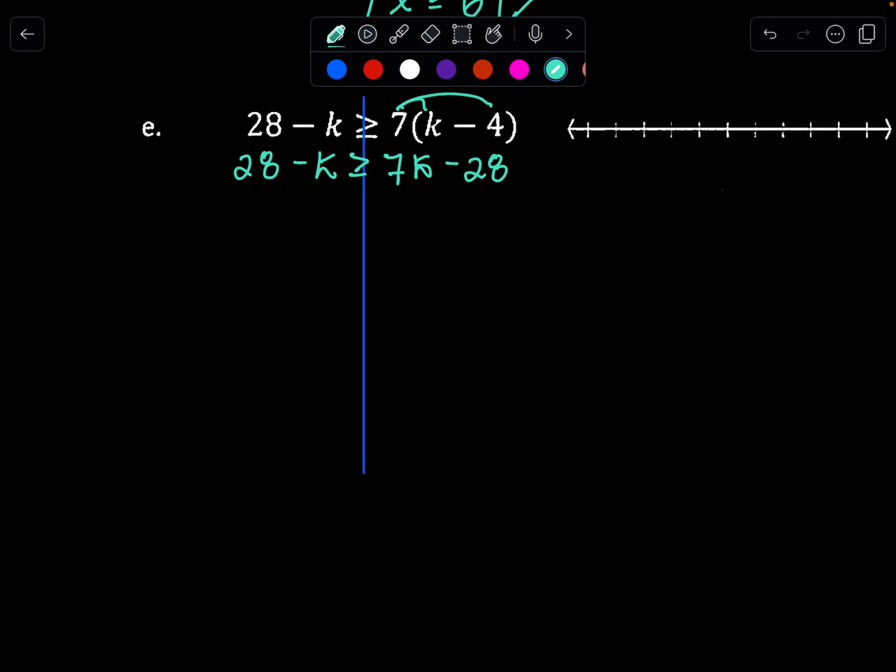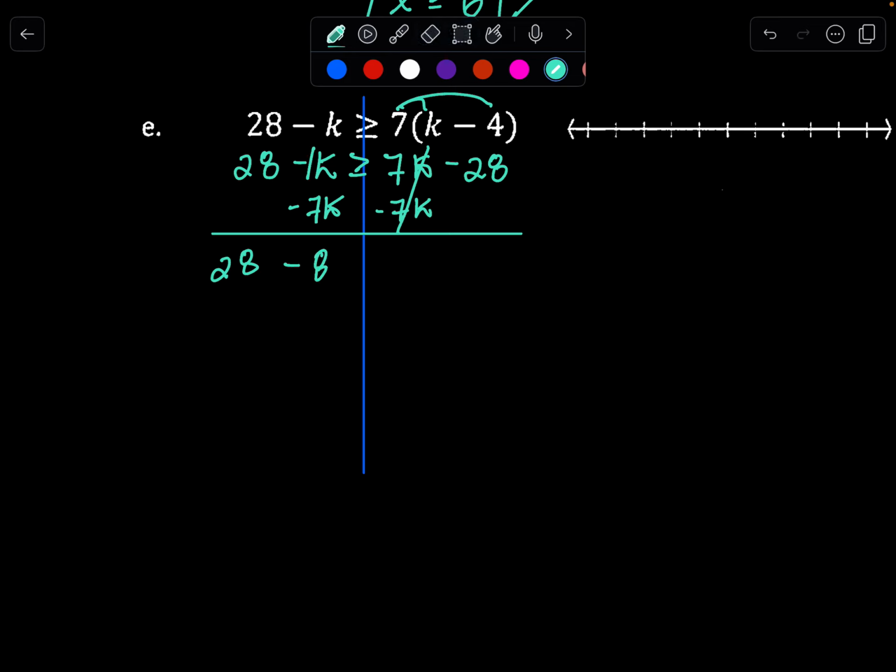What's the next thing that's wrong? 7k needs to be on the left-hand side. We don't want our k's over on the right side. So I'm going to subtract the 7k here. 7k's are out. 28 minus 7k is a negative 1, right?